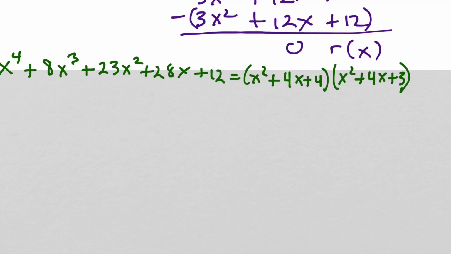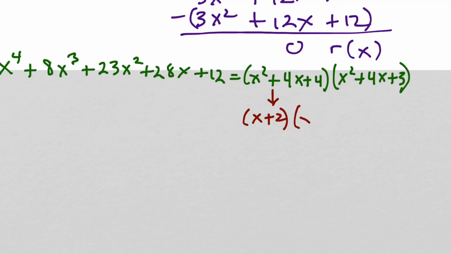Now what I do know already is this factor's factored form was x plus 2 squared, or you could call it x plus 2, x plus 2.